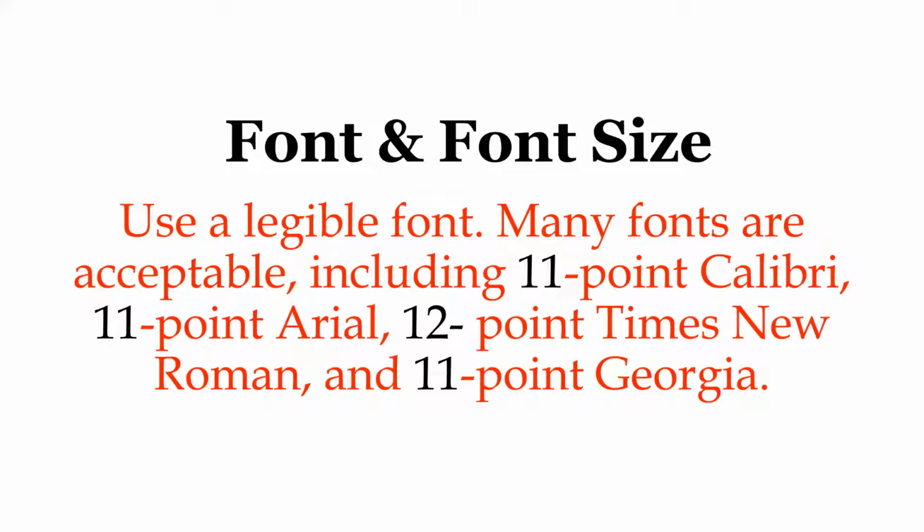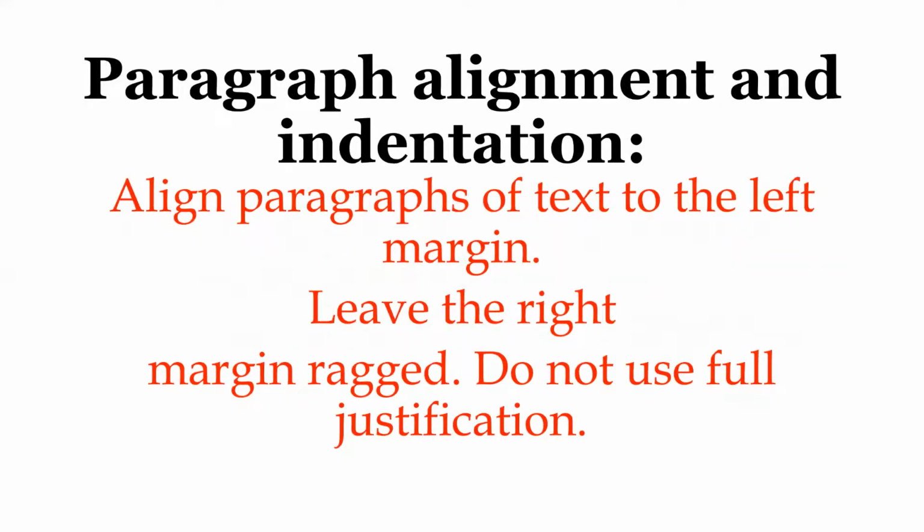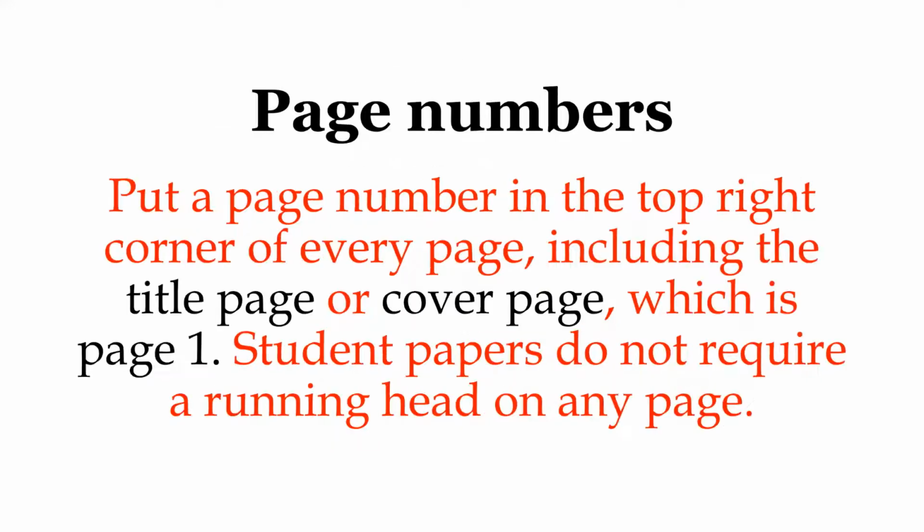So you can use 11 point Calibri, Arial, Georgia, and others as well, but it should be readable. There is one specification: when you use Times New Roman, you have to make it 12 font size. Okay, that's it. If we talk about paragraph and alignment, it is the same as in the 6th edition. It starts from the left, and you don't have to justify all the paragraphs.